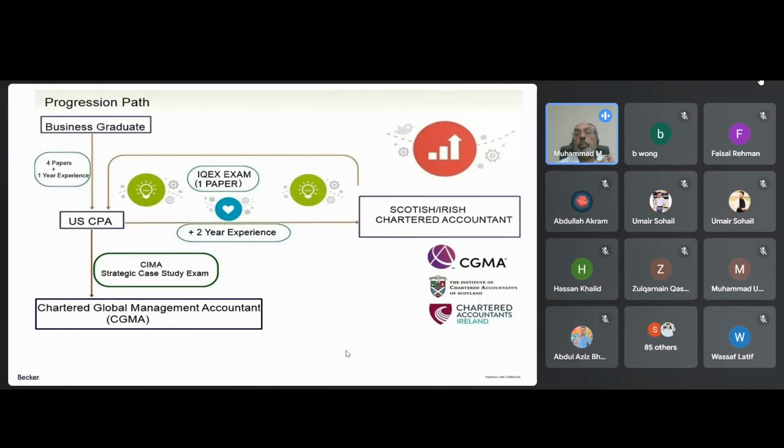Once you become a US CPA, NASBA and AICPA have a mutual recognition arrangement with certain chartered accountancy bodies. You can get the qualification of that body as well. And regarding the experience requirement, like in the UK, maybe Scotland.